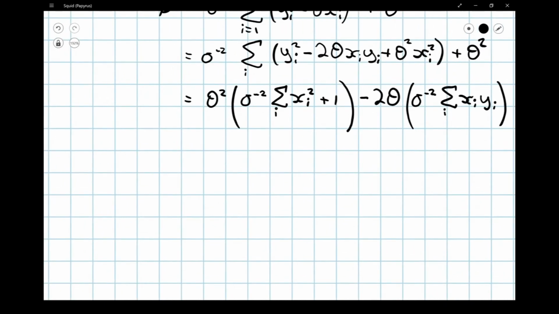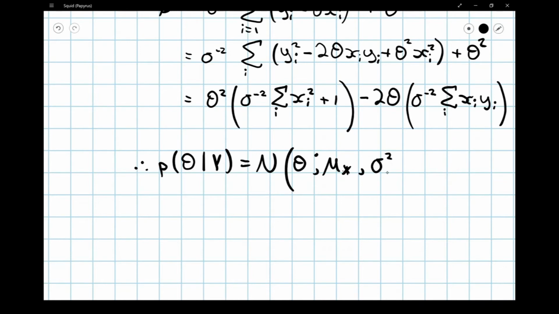So we can now say, therefore, the probability of theta given y is a Gaussian distribution. Theta is the random variable, and let's say it's got mean mu star and variance sigma squared star.